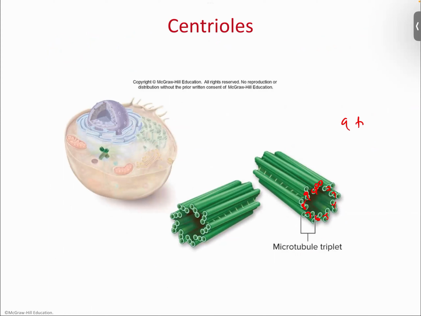So there's 9 triplets around a hollow core. You notice you have nothing here in the middle. It's just like an empty straw. And you have these guys perpendicular. Here you can see there are proteins attaching these individual triplets to each other. So it's a nice little ring.